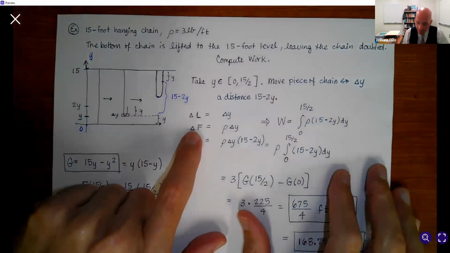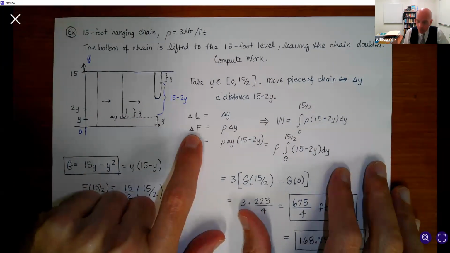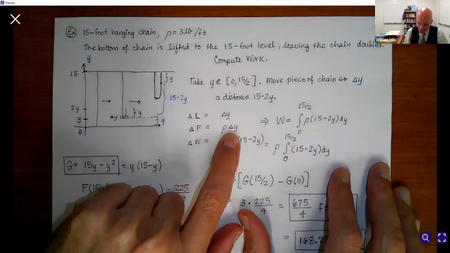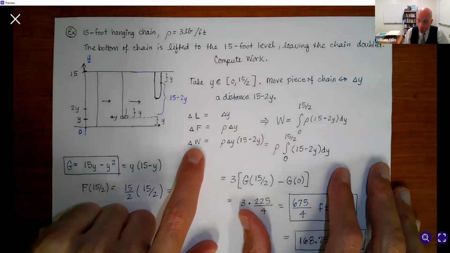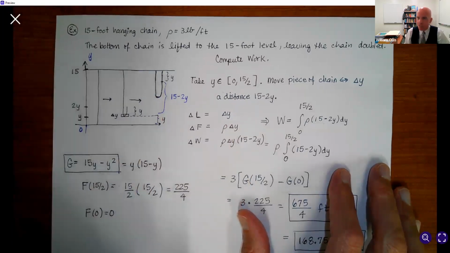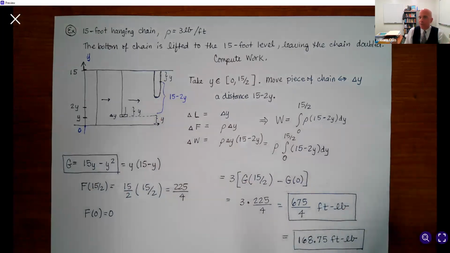So now you're thinking, okay, well, that little sliver here will have a force rho times delta Y. And then the work will just be the force times the distance. So that hint that you get in your problem is actually very important, but it's only maybe a third of the problem. You've got to be able to analyze it. So I think this is a really, really good problem.